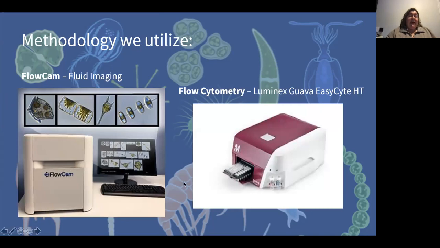So in the lab, we have a FlowCam, which takes images of phytoplankton in the water. So we can get some idea of who's there, how many of them are there in terms of species composition and community composition.